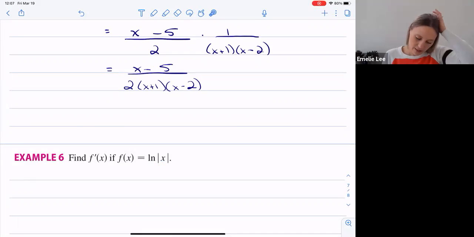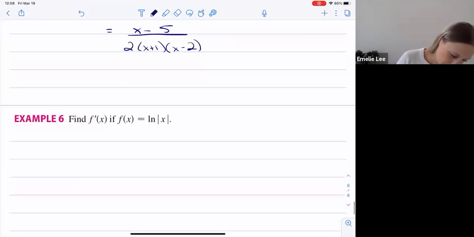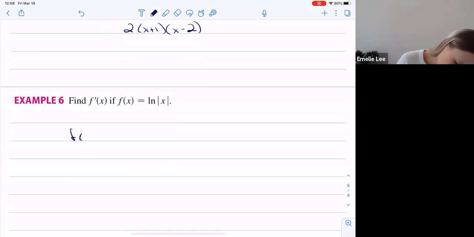So here, we're basically going to prove the statement that's down below: that the derivative of the natural log of the absolute value of x is just 1 over x. So we have to remember that f of x, if we're taking the log of the absolute value of x, depends on what x is.